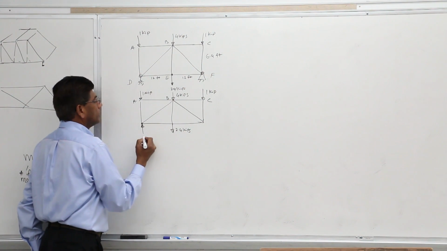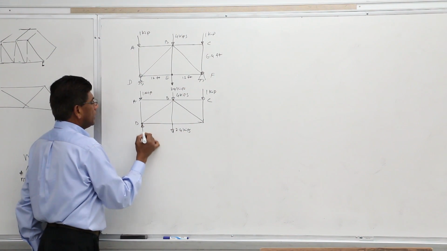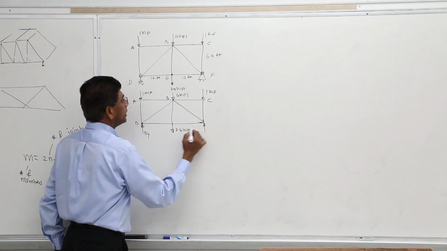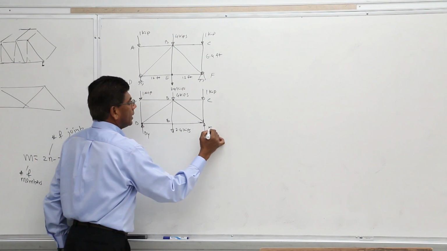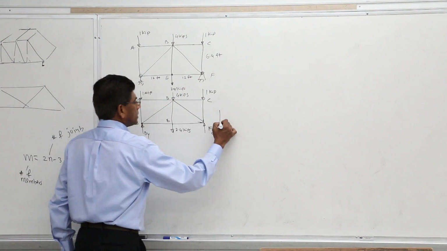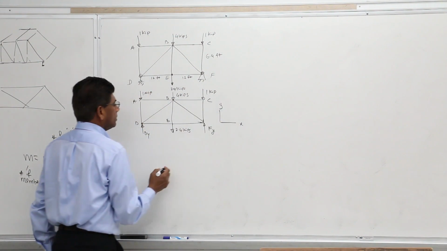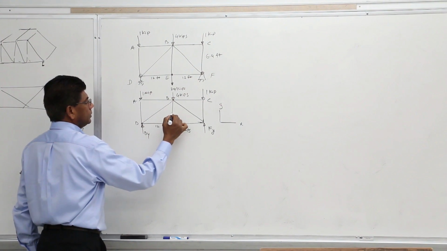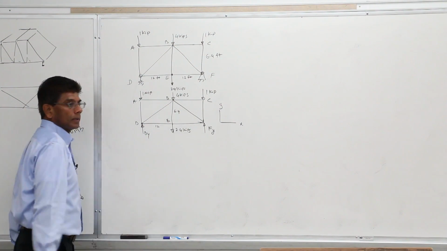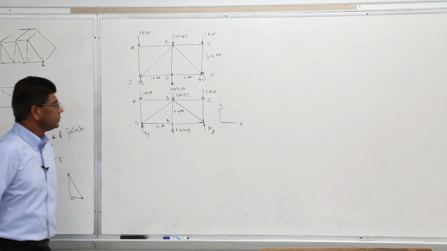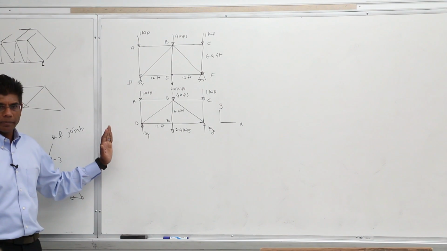Here I have my D, D sub y, and this will be E, F sub y. And let's say this is my coordinate system, and I have my length, and that's a complete free body diagram.